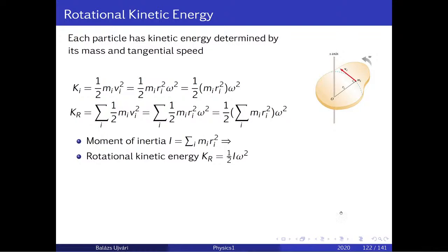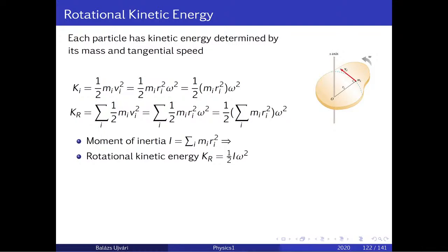Thanks for your patience. So let's go back to a rotating body. If we have an axis of rotation, we can imagine dividing the body into small parts, infinitesimally small parts of the system. Its volume is some delta V. Its mass is density times delta V, call it m_i.